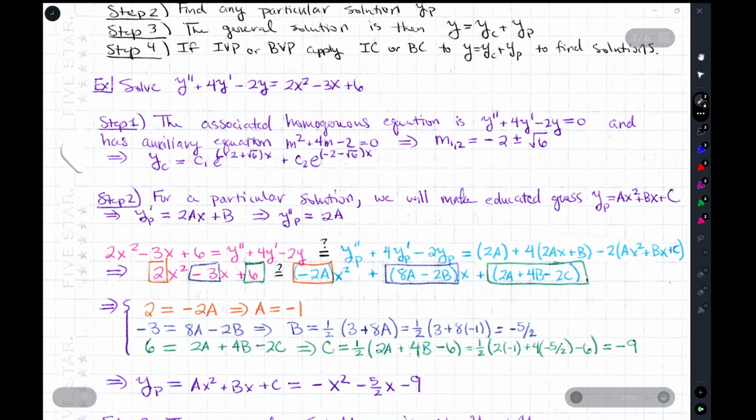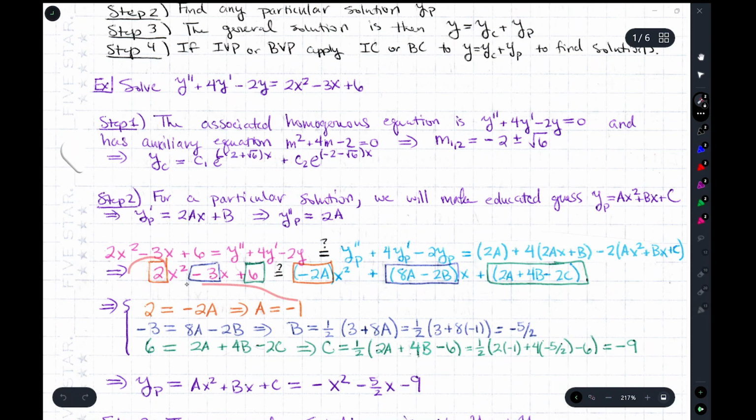If the left-hand side is going to equal the right-hand side, well, the coefficients of each ordered term in this polynomial, right, better be equal to each other. So this negative 2a has to be equal to 2. 8a minus 2b has to be equal to negative 3. And likewise, in green, you see that 6 has to equal this expression here.